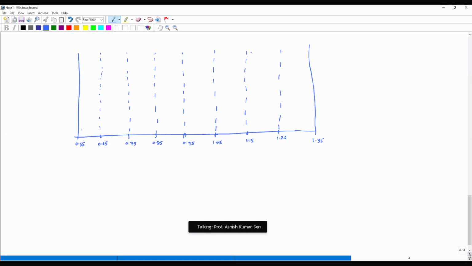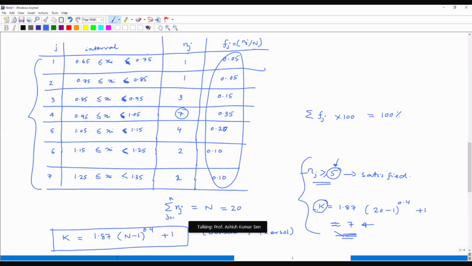So you have, let's say, 1, 2, 3, 4, 5, 6, 7. So you know that if you look at this table, for each of these range intervals, you have a corresponding nj.